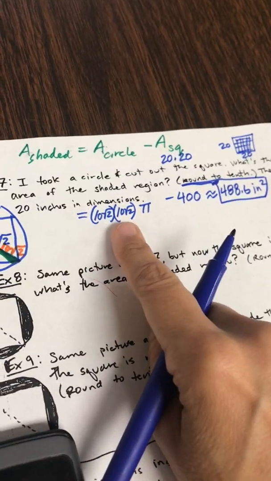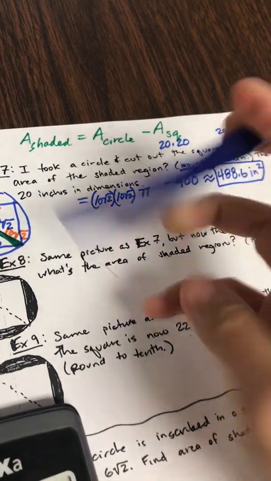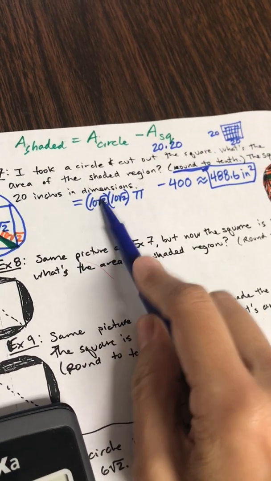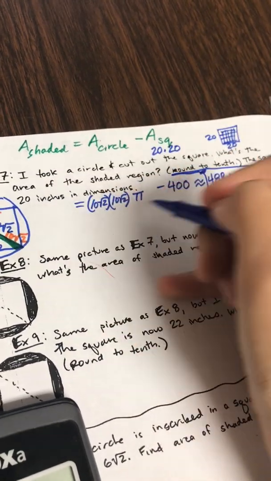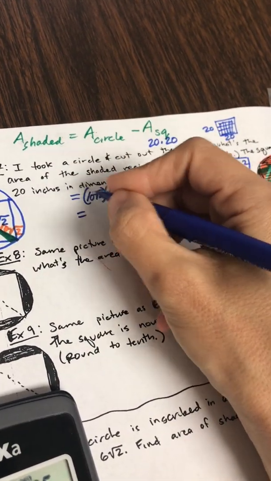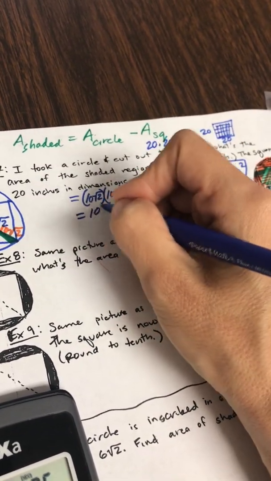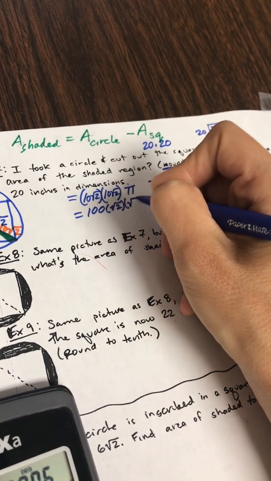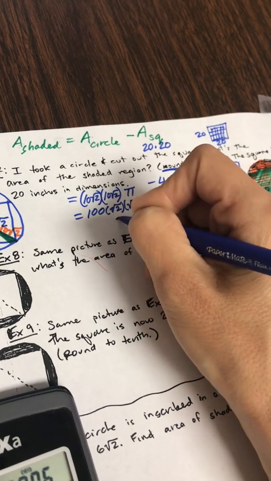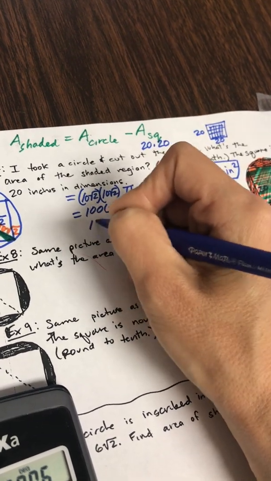Now there would have been a cleaner way to write that if I rearrange these numbers. So if you notice, there's a 10, a square root of 2, a 10, a square root of 2, and a pi. Those are 5 numbers I'm multiplying, and any order is fine. So I already know 10 times 10 is 100. And I also know the square root of 2 times the square root of 2 is the square root of 4.